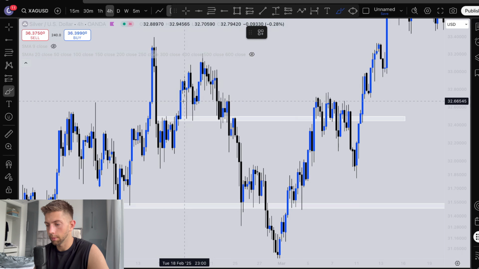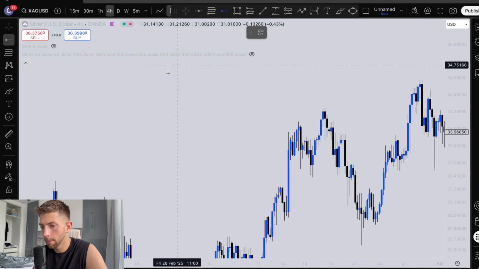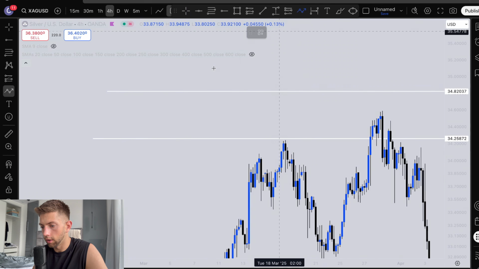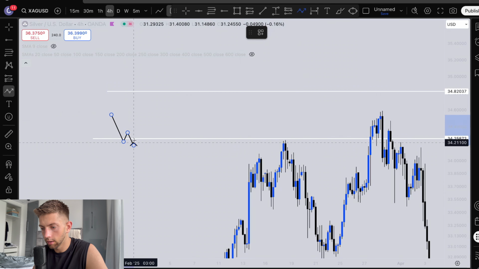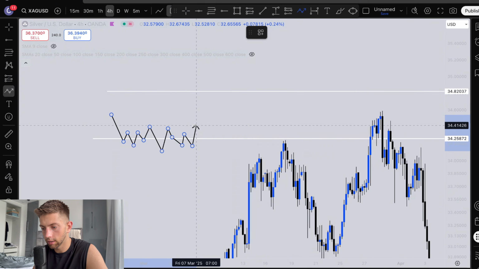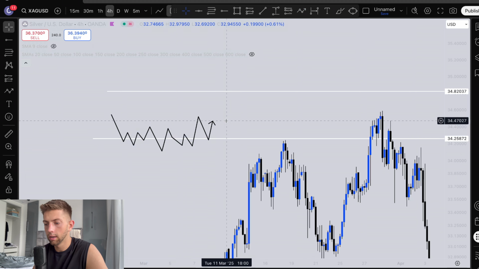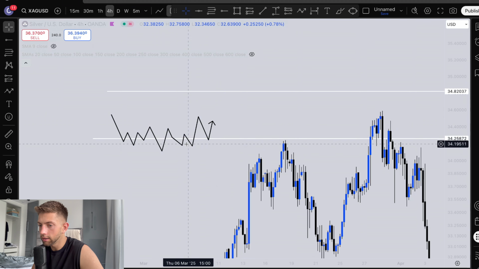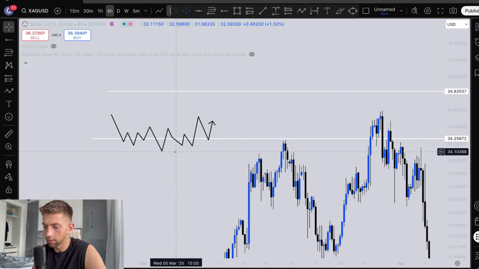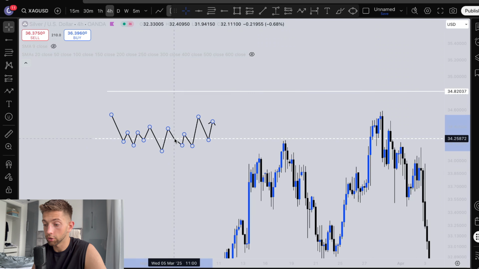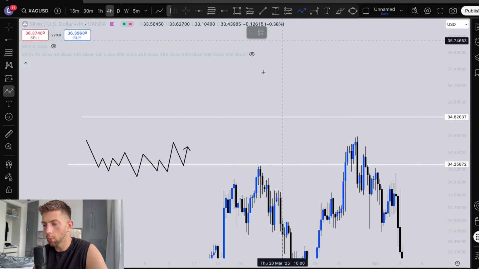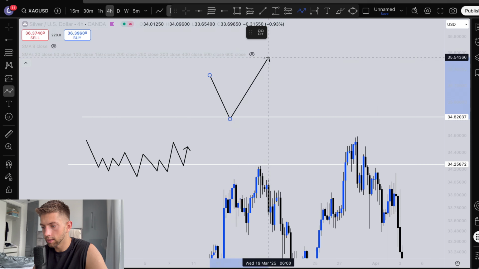For example, this is example 1, this is example 2. If price is doing something like this, when the reactions are not that clear, not that strong, I'm not even going to draw that level. I'm going to notice it's there, but I'm not going to pay that much attention to it because it's not that significant for me. What I want to see is something like this.